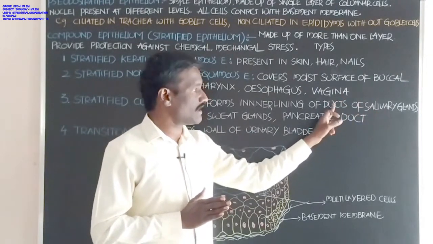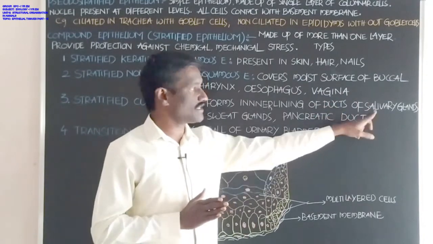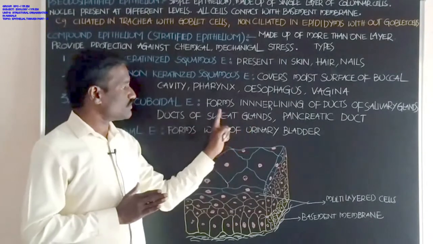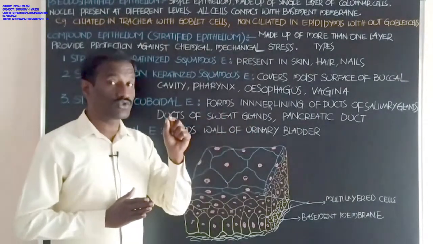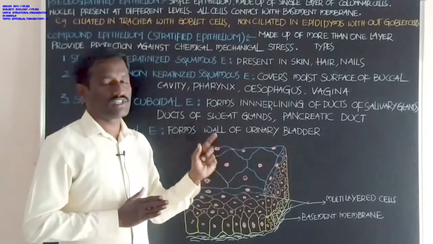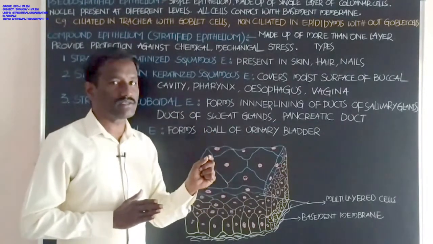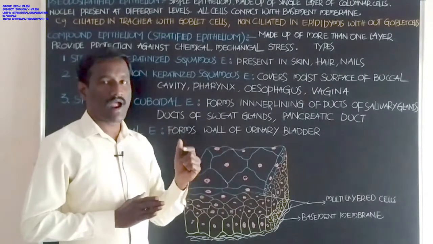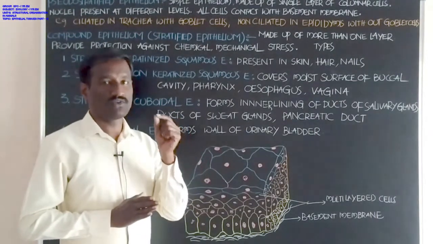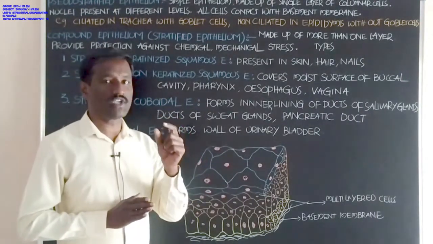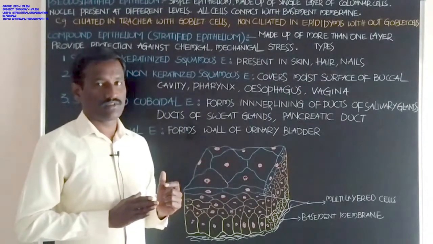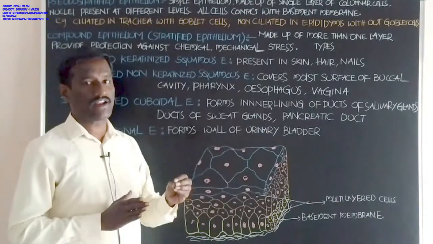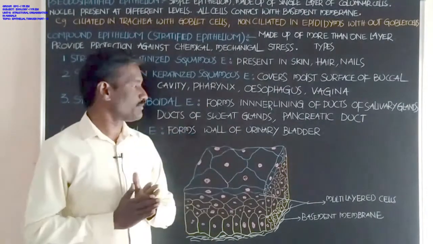Also the ducts of the sweat glands. Sweat glands are present throughout the skin, in large numbers in the armpit, the soles of the feet and the palms of the hands, which secrete sweat.